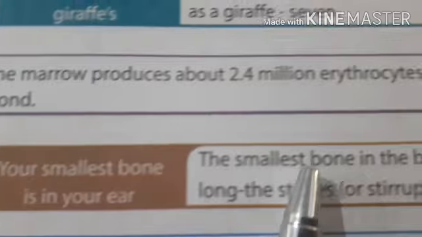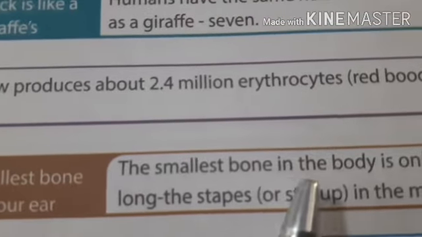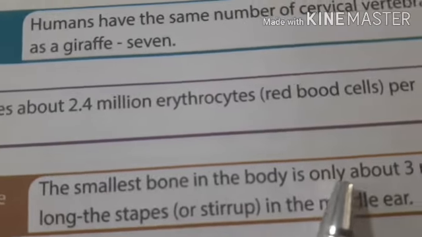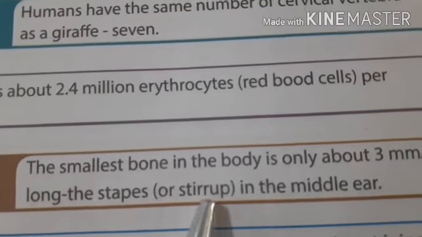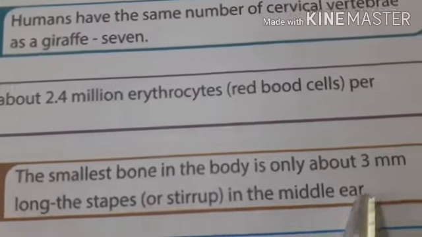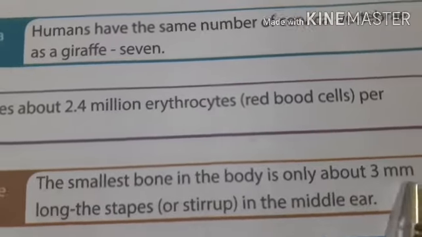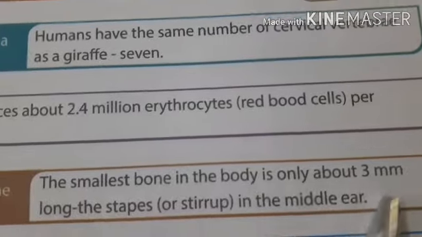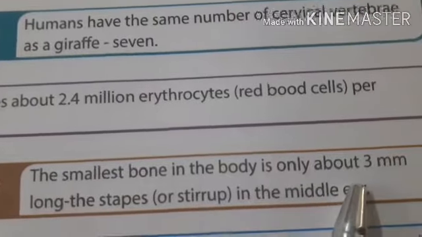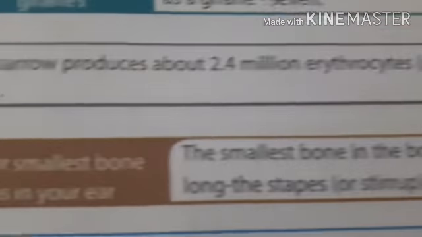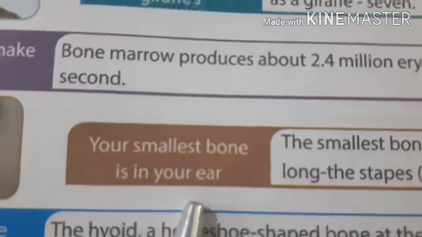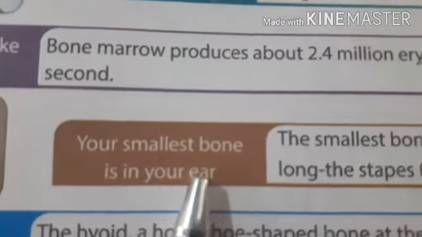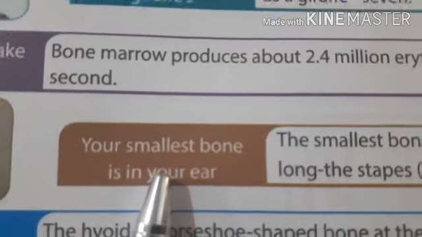The smallest bone in the body is only about 3 mm long, the stapes or stirrup in the middle ear. So this ear bone is the smallest bone, and the femur is the longest bone in the body.